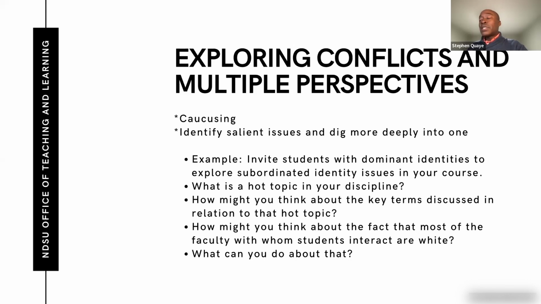We just had the Senate pass a resolution around same-sex marriage. These are really critical issues happening in our society, and they're hot topics, meaning there are lots of different feelings around them. So what are the hot topics in your field, in your profession, in your discipline that you want students to really engage around? And you might ask them some key questions to help prompt their thinking around those issues.